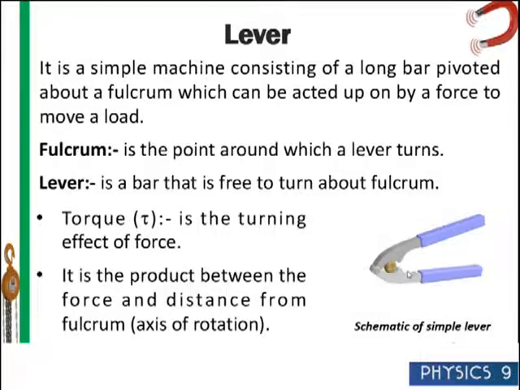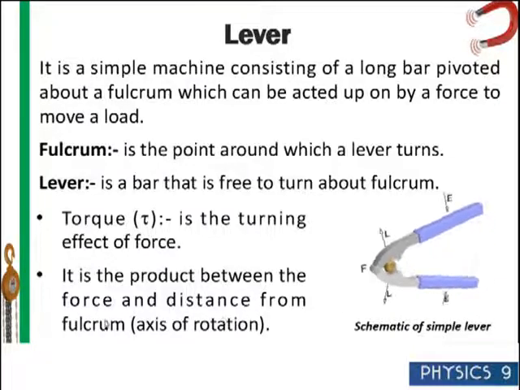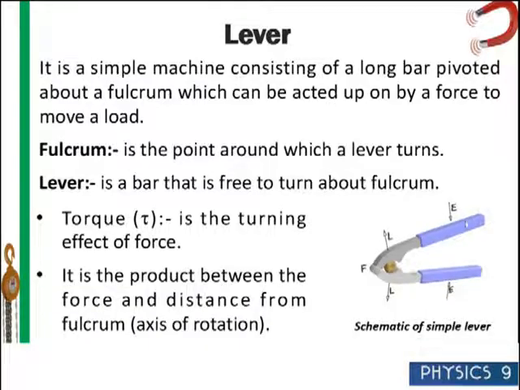So the torque is the product of the force being applied, in other words E, and the distance from the fulcrum. It would be the distance from the end of this lever to the fulcrum.